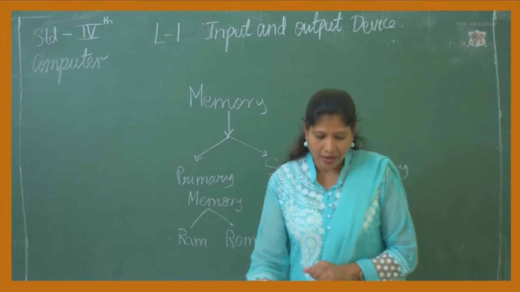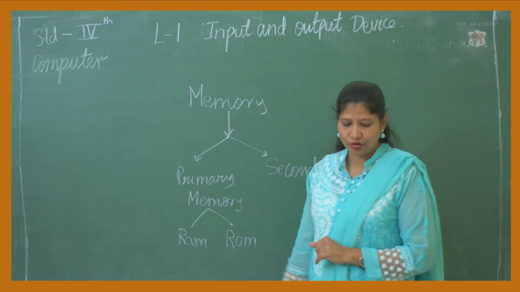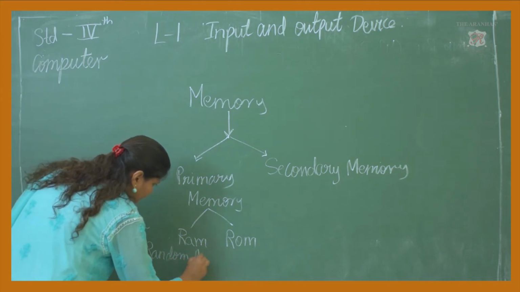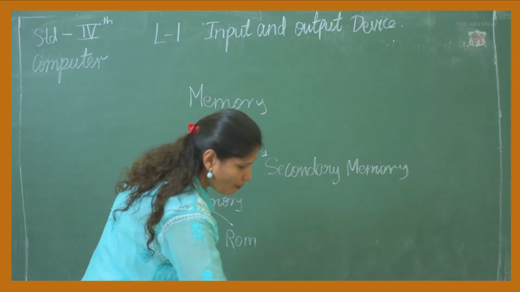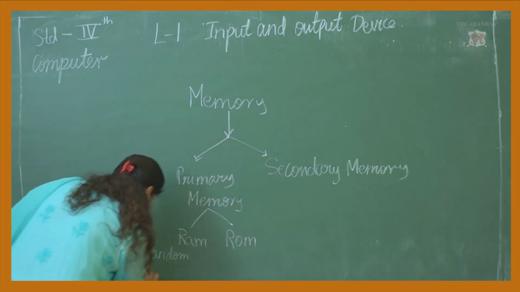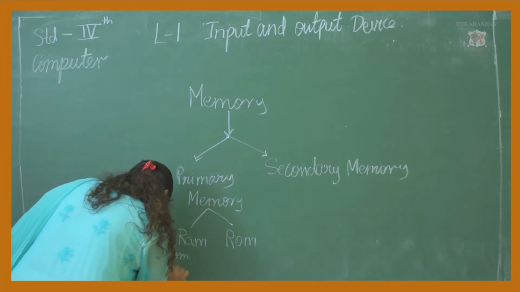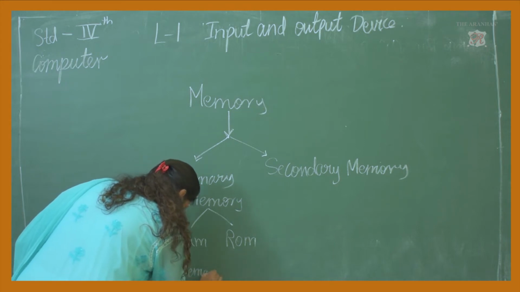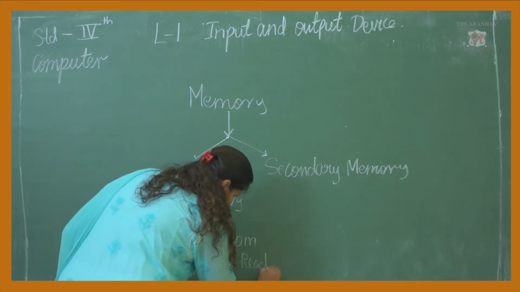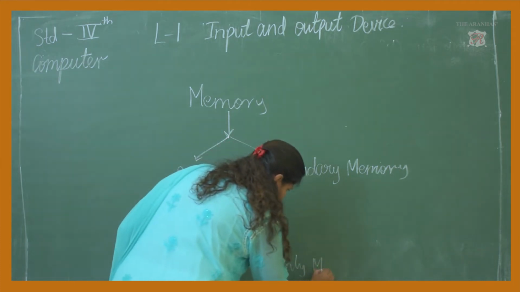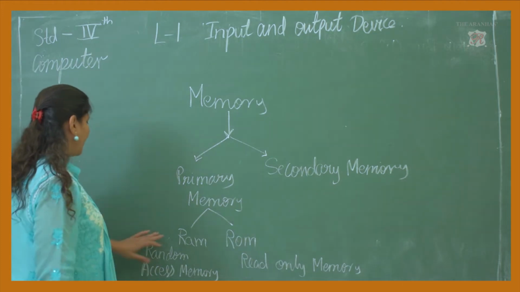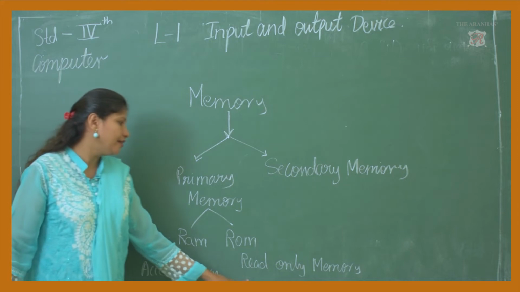Now, RAM is random access memory and ROM is read-only memory.